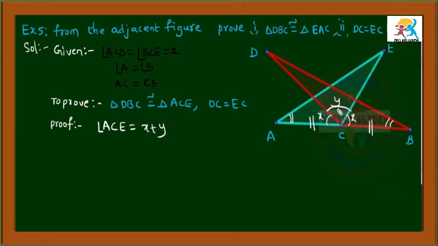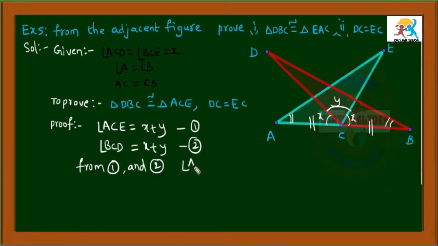So the sum of these two angles represents angle ACE, and I am going to write angle BCD. So this angle C is also split into two parts. The sum of these two angles will give the angle BCD. So it will become x plus y. From these two we can observe that angle ACE is equal to angle BCD.